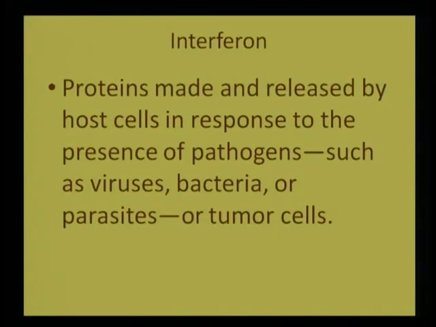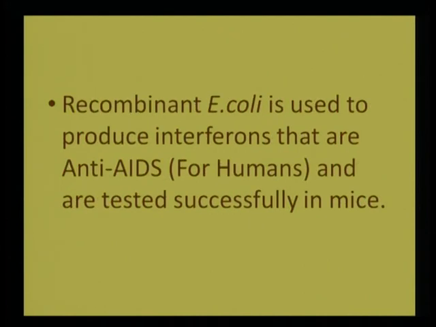Then the next products of our interest are the interferons. Interferons are proteins made or released by host cells in response to the presence of pathogens. Particularly they are used against viruses, or sometimes bacteria or parasites, or even in the treatment of tumor cells. Such interferons can be produced with the help of recombinant E. coli.